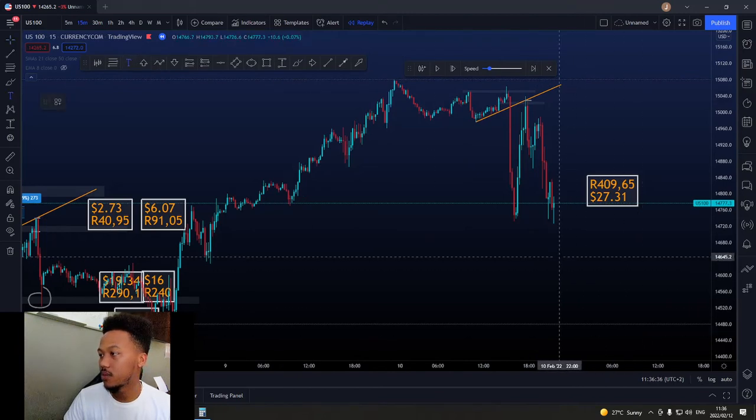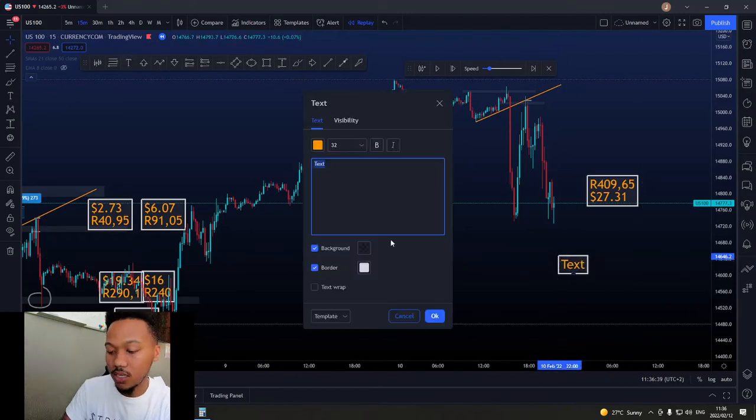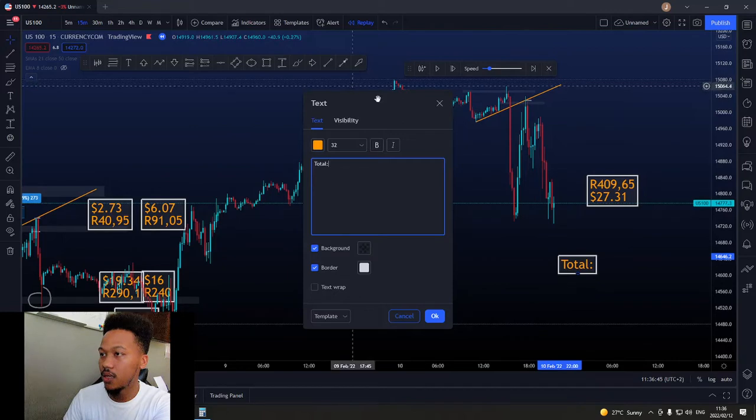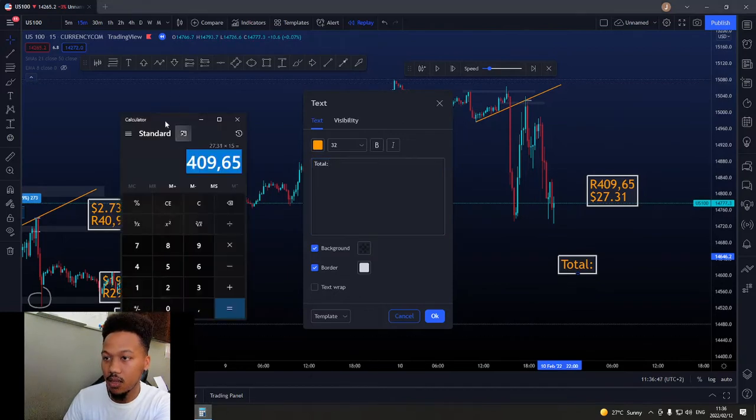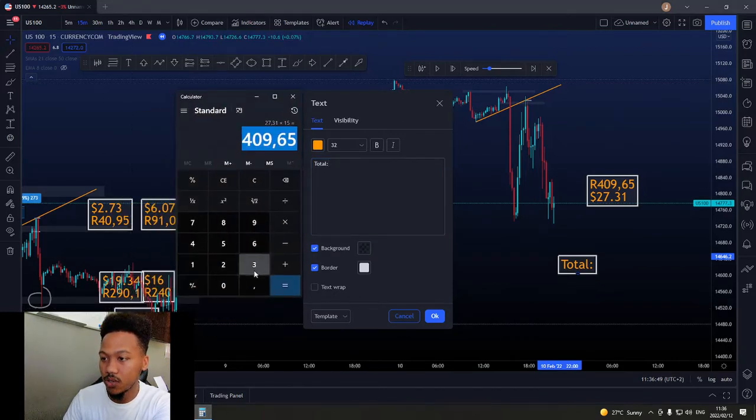Where's this thing? Boom. Let's make it total. So let's make it total like that, and then we're going to take what was our total? This was our total, right? Our total was 530.1 plus 409.65.